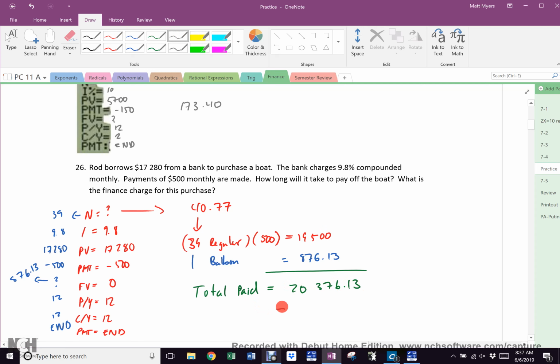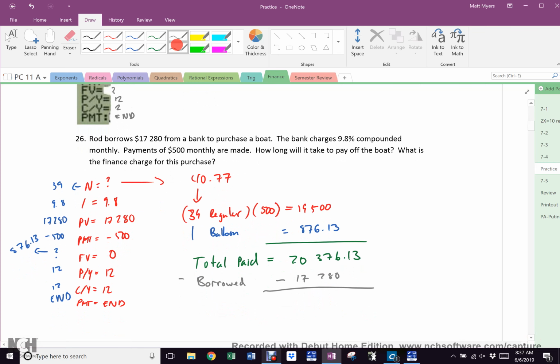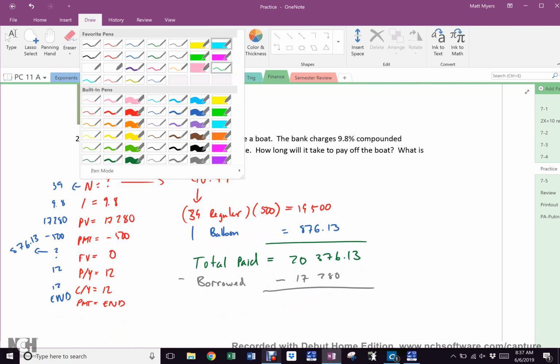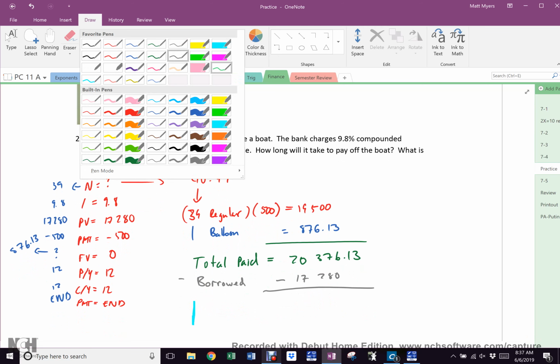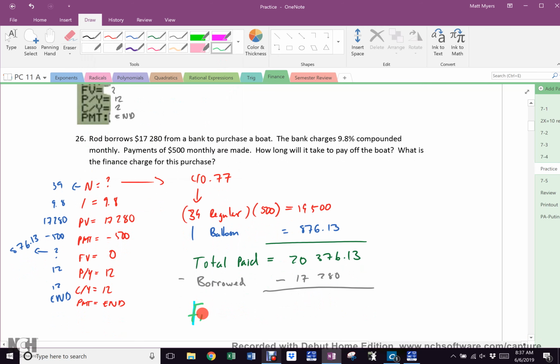Total paid minus borrowed, which was 17,280, to find his finance charge to be, what was it? Somebody again?